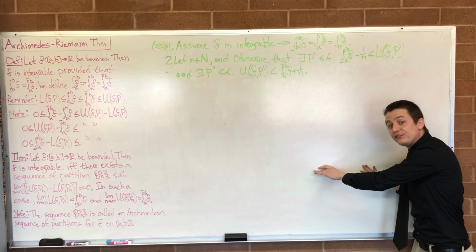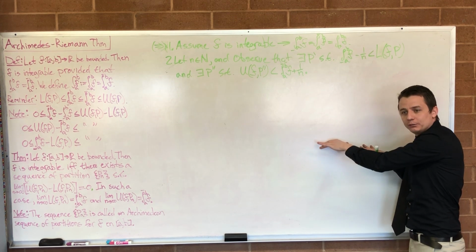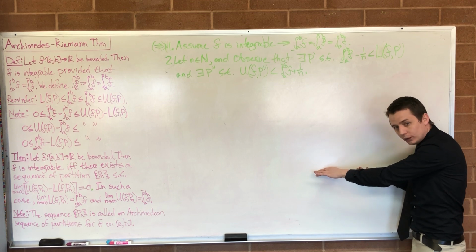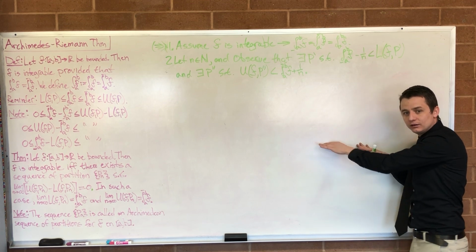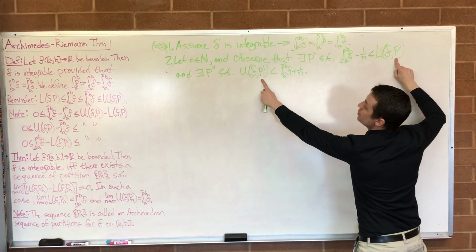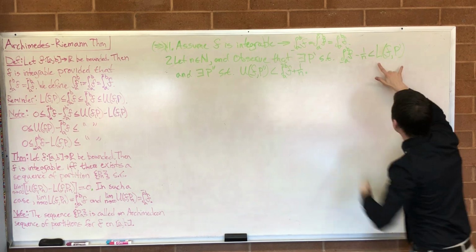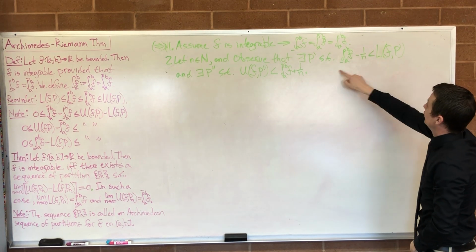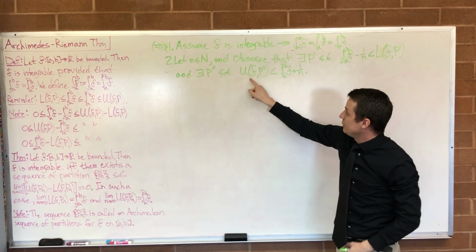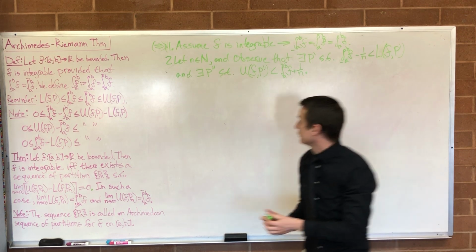If I take a refinement of its partition, I could have only made it a better approximation, made the lower Darboux sum's number bigger. So when I take a common refinement of these two partitions, I could have only made this number bigger, so this inequality is still going to be true, and I could have only made this number smaller, so this inequality is still going to be true. So that's what I'm going to do.